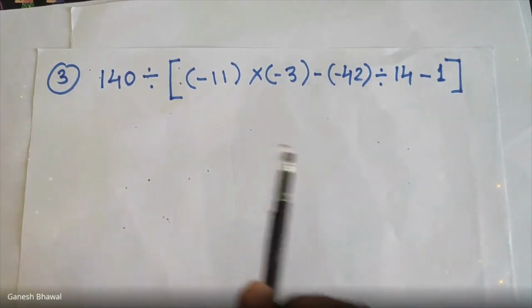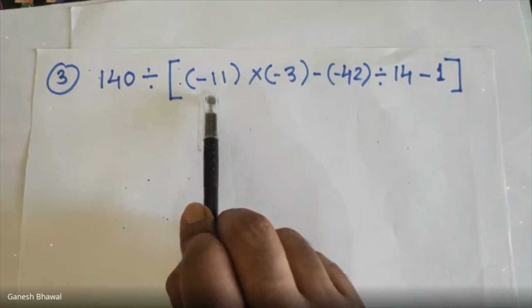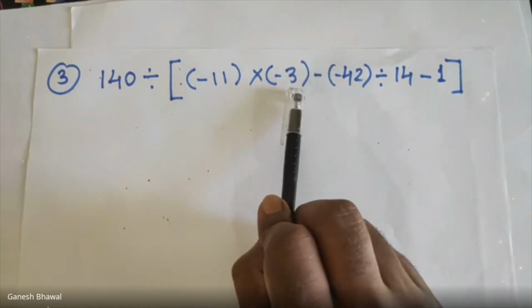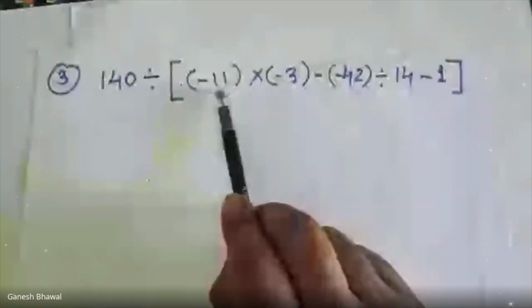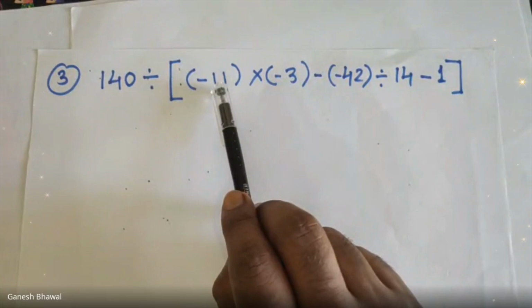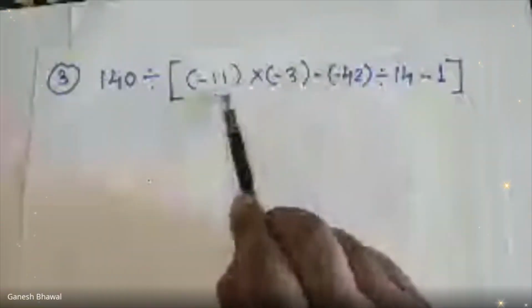In this bracket again many operations are there. This simple bracket contains a negative sign, this bracket also contains a negative sign. It means in these brackets there is no operation, but only to show that the numbers are negative integers, therefore these brackets are used.